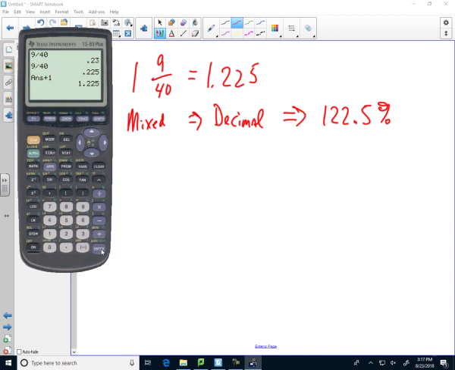Now let me show you something else here. On this particular calculator, let's see if I can find it. Look over here on the left. Little button here says math. Watch this. Press math, and let's see here. This one will let me do fractions and decimals.